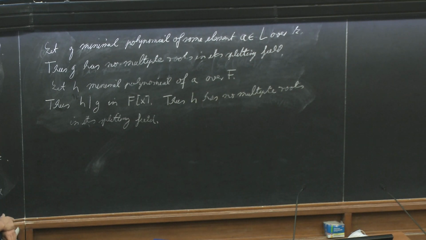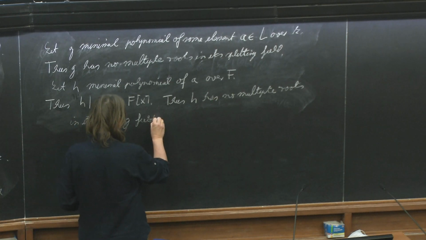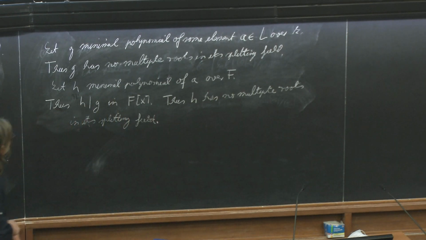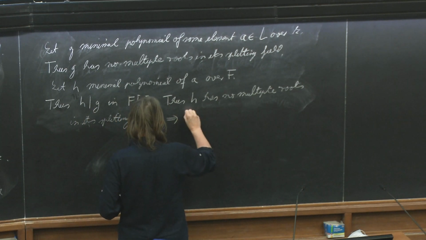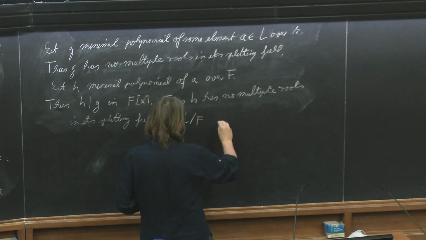And so if there are multiple roots, with multiplicities, then also G has them. So this implies, as I said, that L over F is Galois.